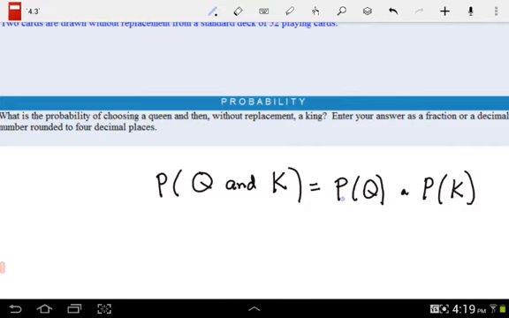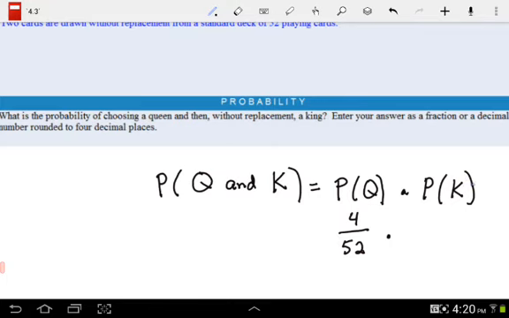So let's see, the probability that we choose a queen here, there are 4 queens in the deck, so that would be 4 out of 52 times. Now, really the way I should write this second one, the probability of a king given that we've already picked a queen.